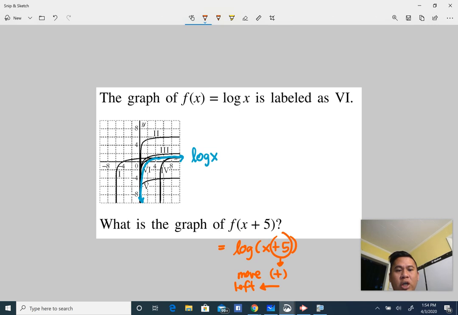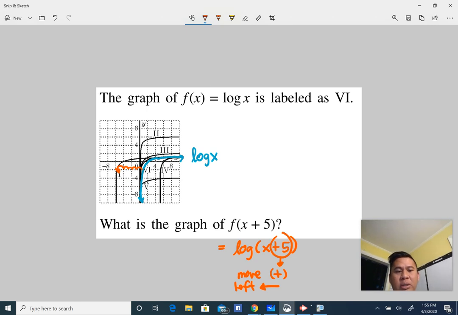Let's try to check. For example, from this point, let's count 5 units to the left. Let's count in here. 1, 2, 3, 4, and 5 in here.